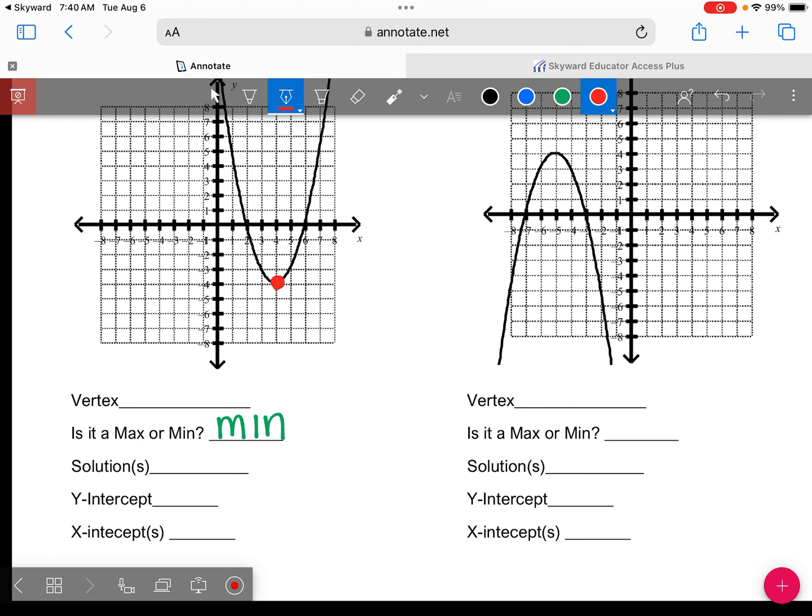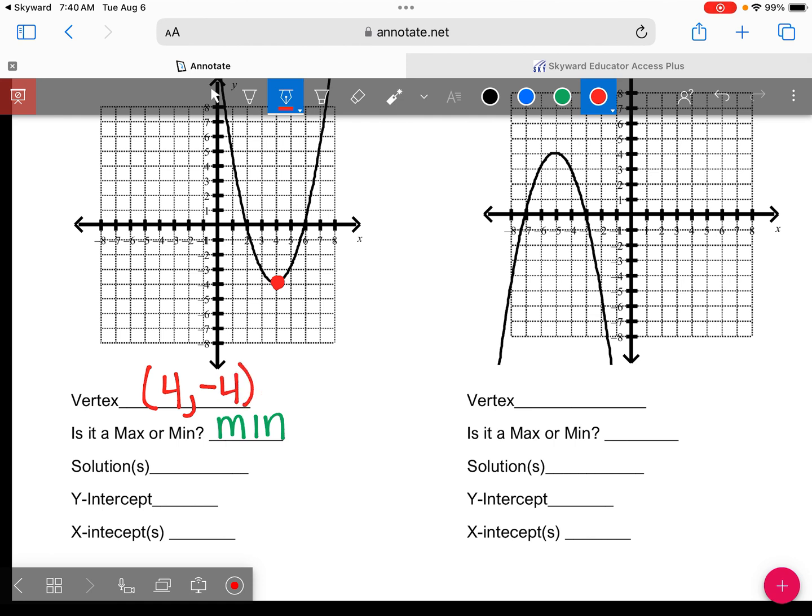That would be your vertex. If you look at this, it looks like we're going 1, 2, 3, 4 to the right, and then we have to go down 4. So our vertex would be at 4, -4.